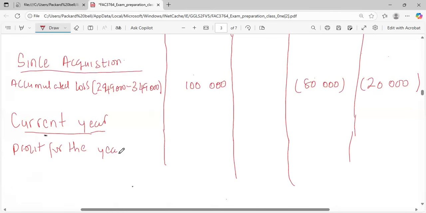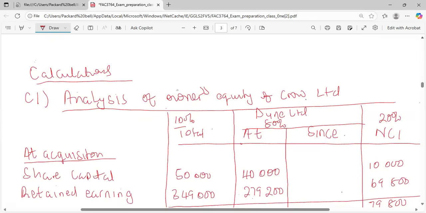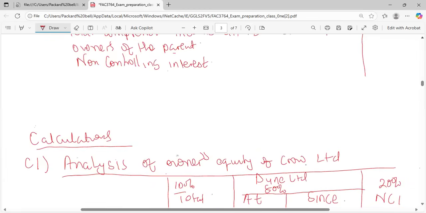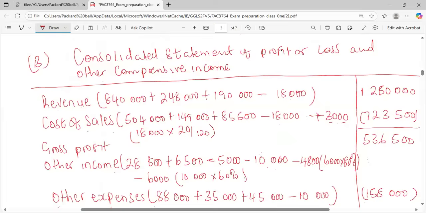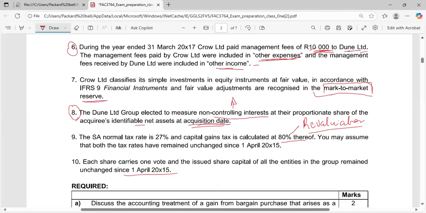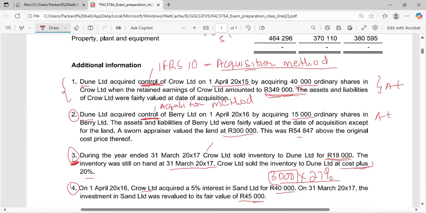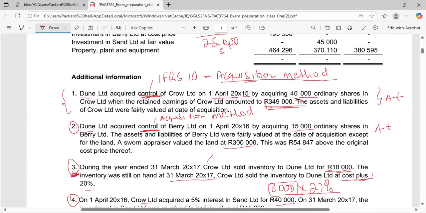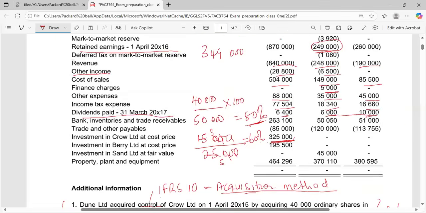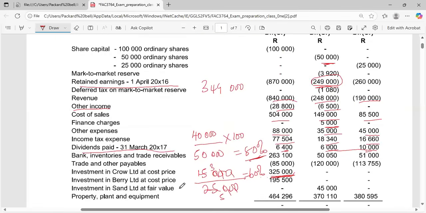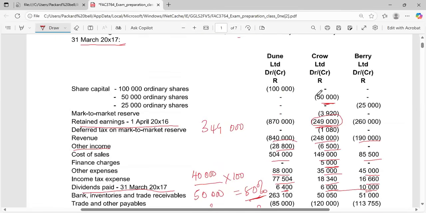Group accounts, once you understand them, are not that hard. The only thing is to understand the sequence, what exactly is happening, so that when you apply it on your side, you are just taking information from the scenario and you know where to take it. So we want the profit for the year for Crow Limited.